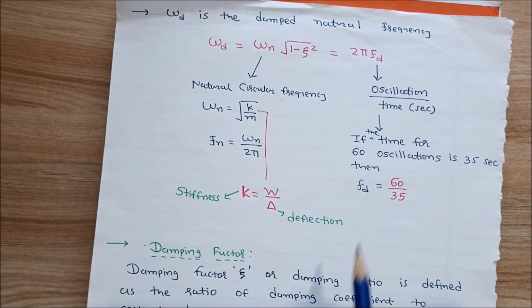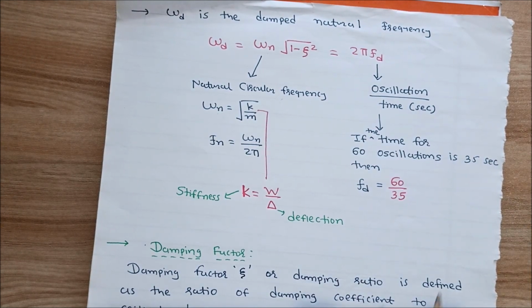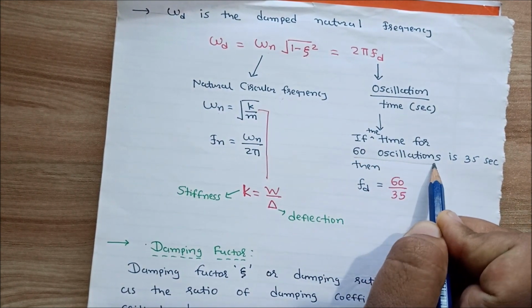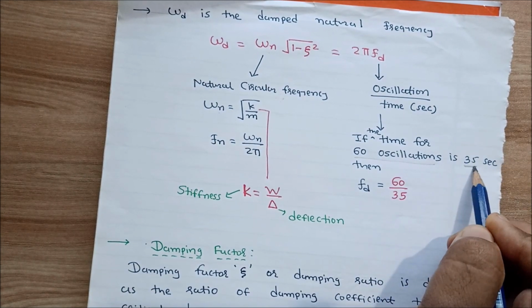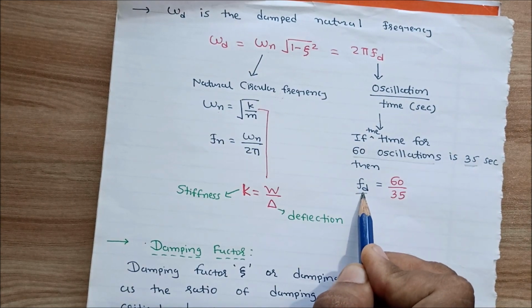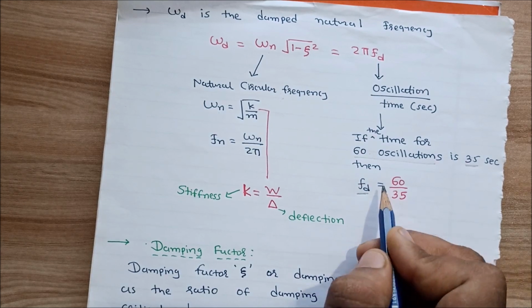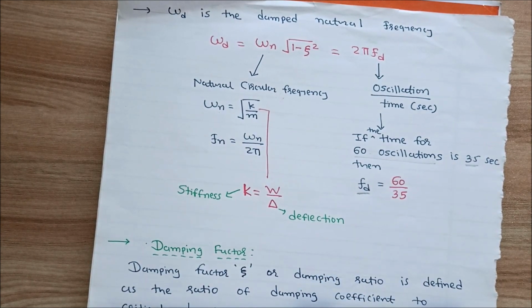In our question, if the time for 60 oscillations is 35 seconds, then the oscillations are 60 and the time required is 35 seconds. So the damped natural frequency you can find as 60 divided by 35. In this way you can find the damped natural frequency.